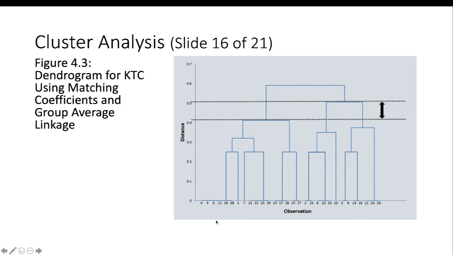Another concept is the cluster's durability. A cluster's durability or strength can be measured by the difference between the distance value at which a cluster is originally formed and the distance value at which it is merged with another cluster.